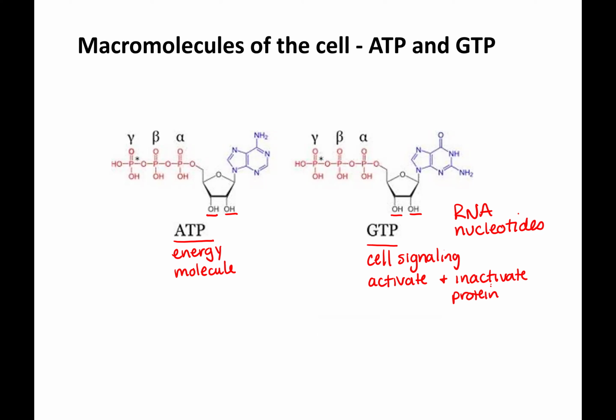We're not really going to talk about ATP as an energy molecule. Instead, we're going to talk about something called phosphorylation, which means taking a phosphate off of ATP and adding that phosphate to another molecule.